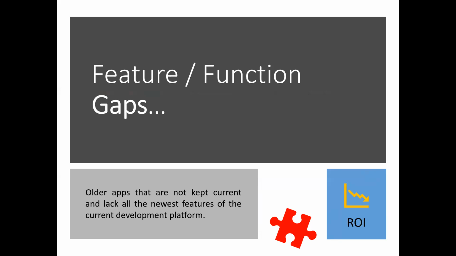So you end up with brand new apps that have got all these bells and whistles, and your older apps, which are usually the more important apps because they were done first in an organization, lacking these new features and functions that should be there to make those applications more reliable, or more feature rich, or more optimal for their function.